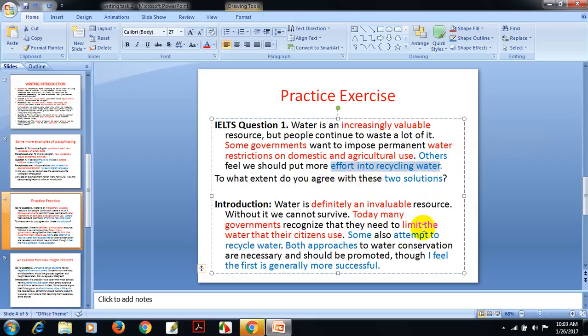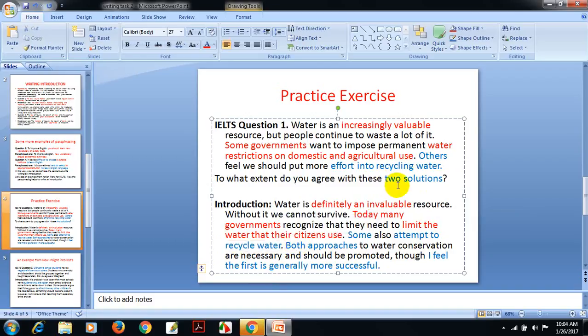That it tends to attempt to recycle water. Attempt to recycle water. And two solutions is written both approaches.